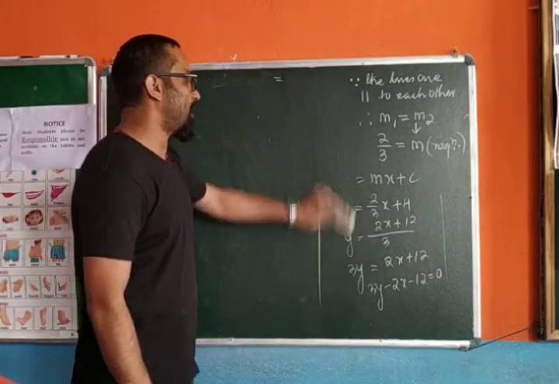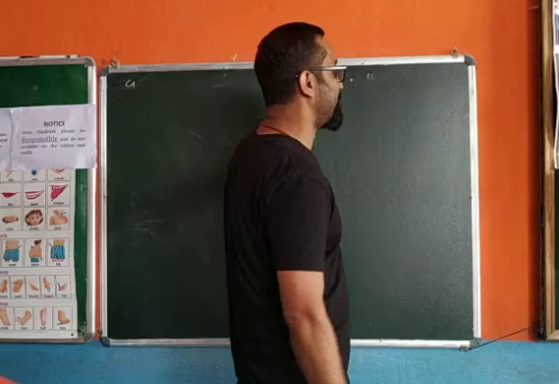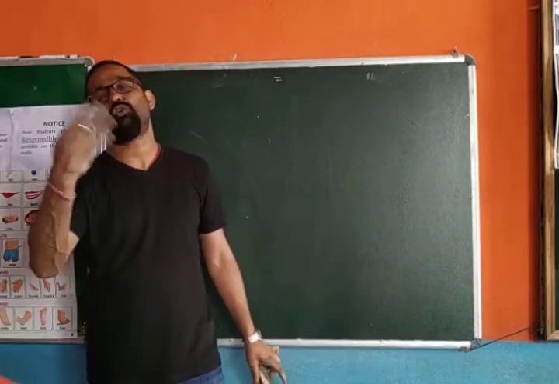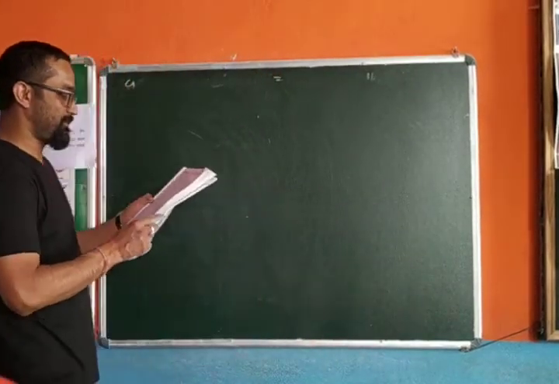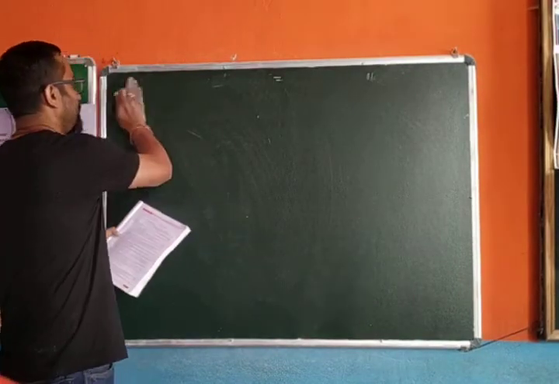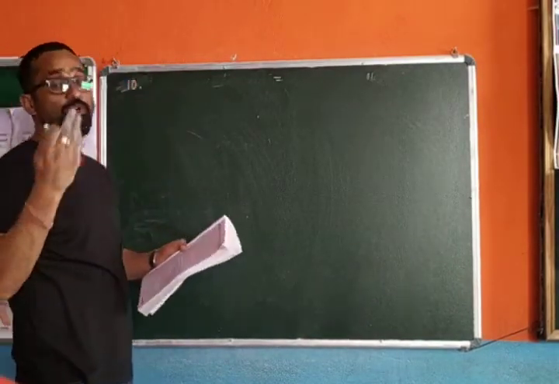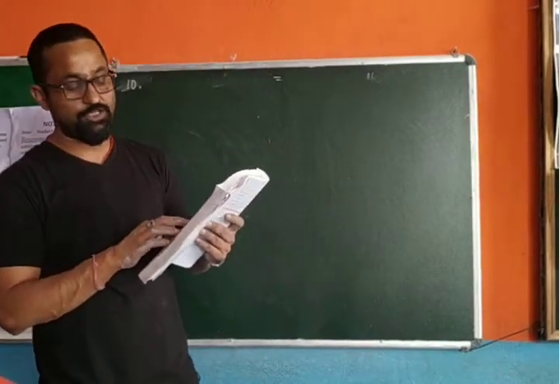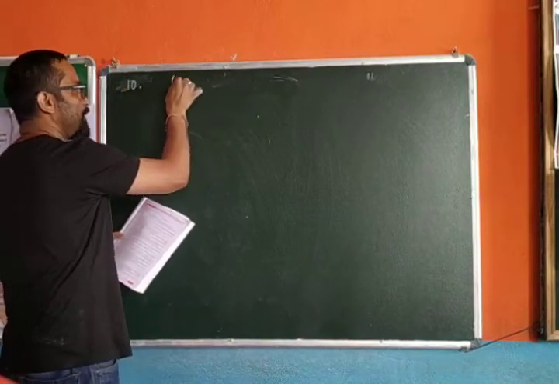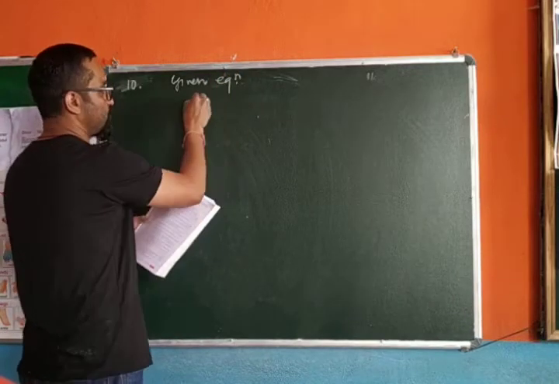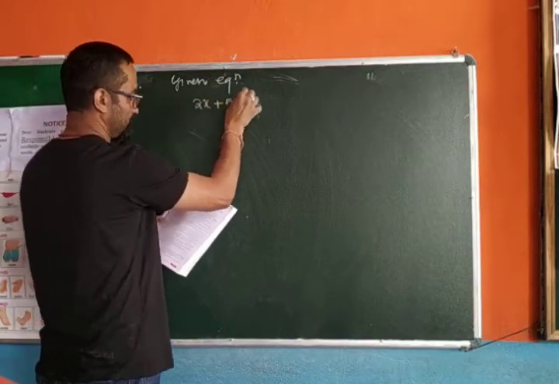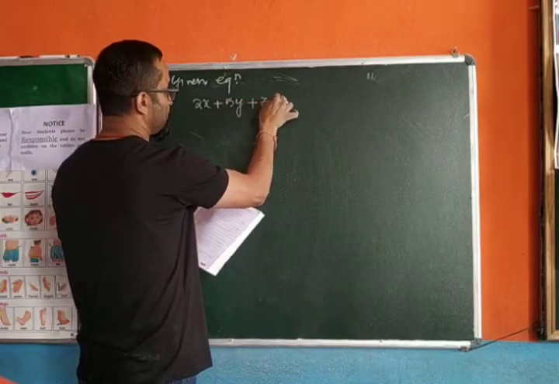So the choice is yours. You can use this or you can use y equals mx plus c. So this is how we calculate the equation of the line when we have the x-intercept or y-intercept given and the lines are parallel. Look at question number 10. Same question, but you have to use the perpendicular condition. Find the equation of a straight line perpendicular to the given equation 2x plus 5y plus 7 equal to 0.